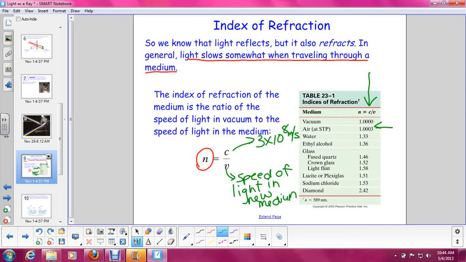When it passes into plexiglass, the index of refraction is 1.5. So it will bend a fair amount. The index of refraction for when light passes from a vacuum into diamond is over 2. So it's going to bend a lot. And that's why diamonds are so pretty to look at.